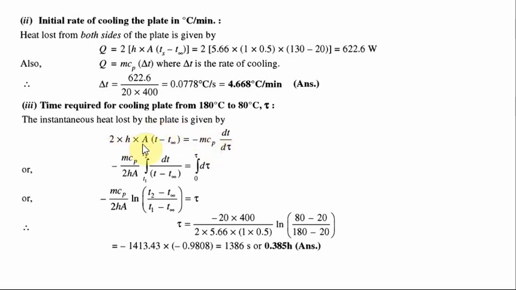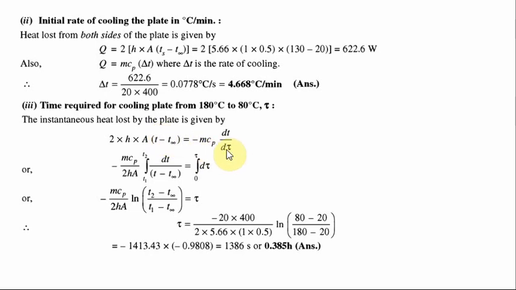So this is instantaneous heat transfer from a particular temperature to the next temperature. We can integrate this equation. First we rearrange it so that only d tau remains on one side and the remaining terms go to the other side.